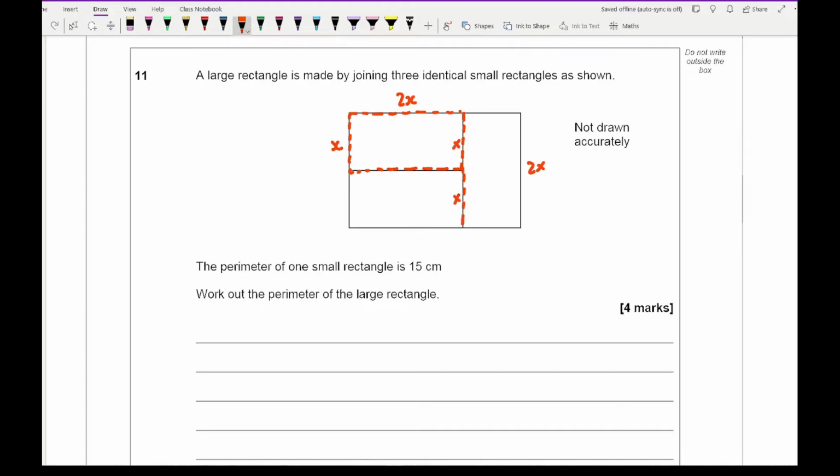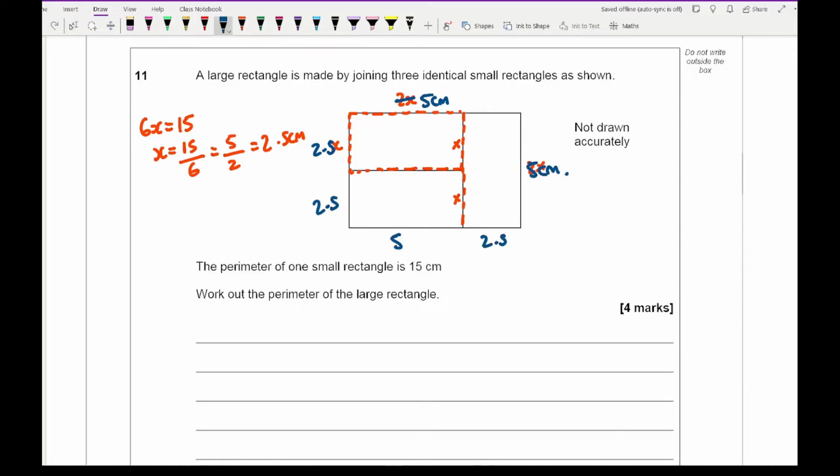So from this, if I work out the perimeter of one of those orange rectangles, we get 6x equals 15. So we can then work out what x is. x equals 15 divided by 6, which is 5 over 2, which equals 2.5 centimeters. So what I've therefore worked out is that this length here is 5 centimeters, this is 2.5, that's 2.5, that's 5, 2.5, and that's going to be 5 centimeters.